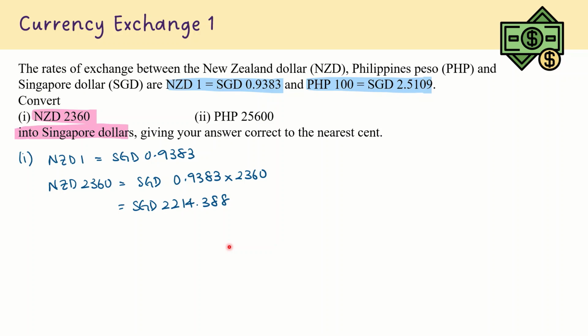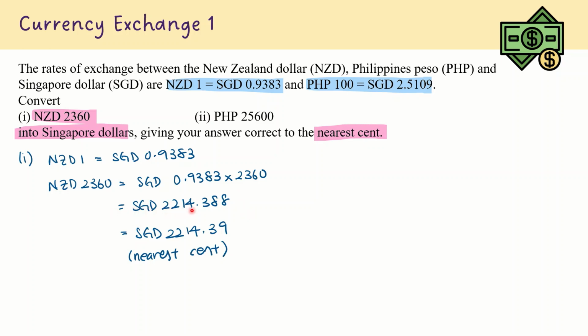Taking note that the question mentioned that it needs to be rounded to the nearest cent, nearest cent would mean 2 decimal places, and therefore rounding this off, we will get 2214.39 (nearest cent).